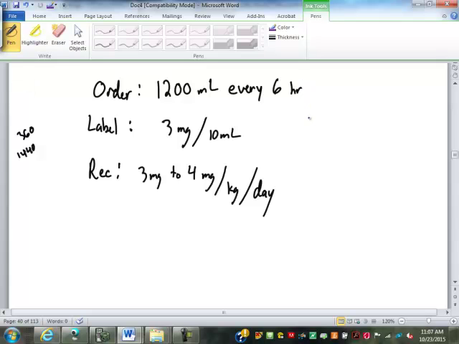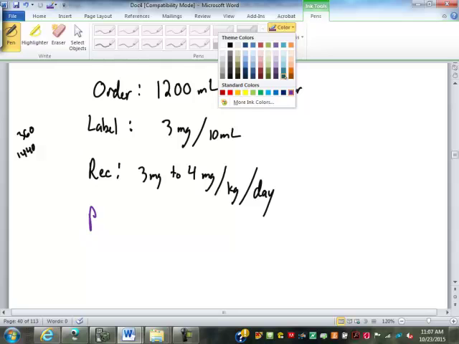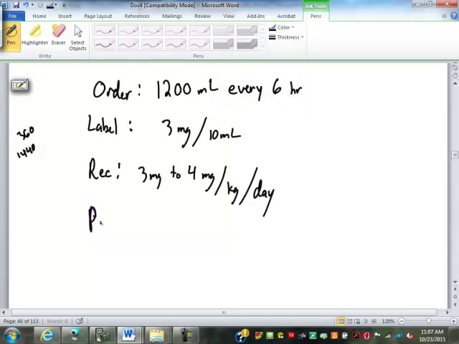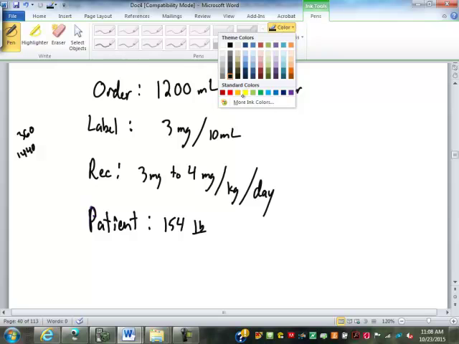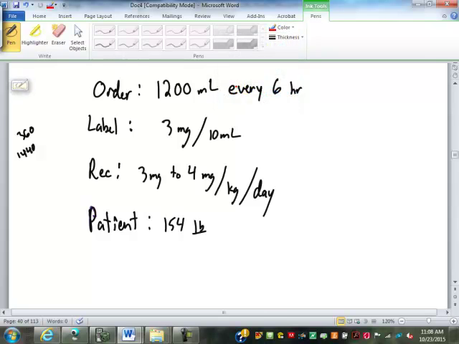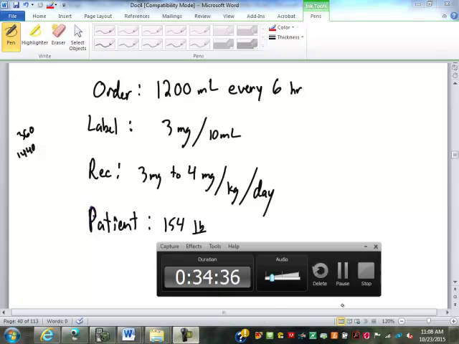Okay, let's see here. And let's say that you have a patient who comes in at 154 pounds. In your notes, find what the safe range of the dosage is and see if that is a safe dose.